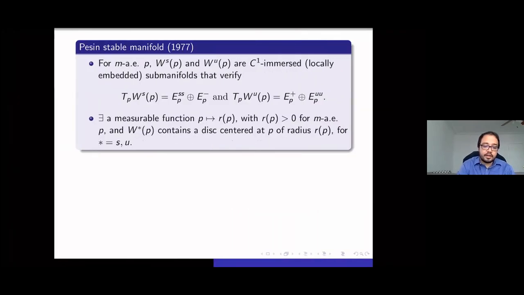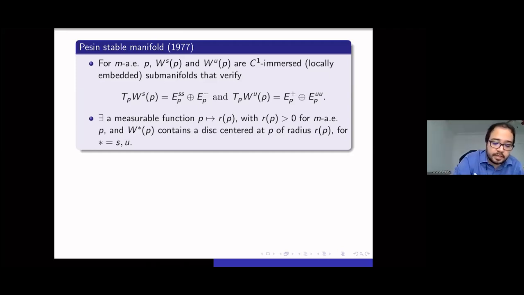And a key thing here is the Pesin stable manifold theorem, which states the following. I am stating the theorem in our setting, where F is non-uniformly hyperbolic. You have the decomposition of the tangent space for almost every point.